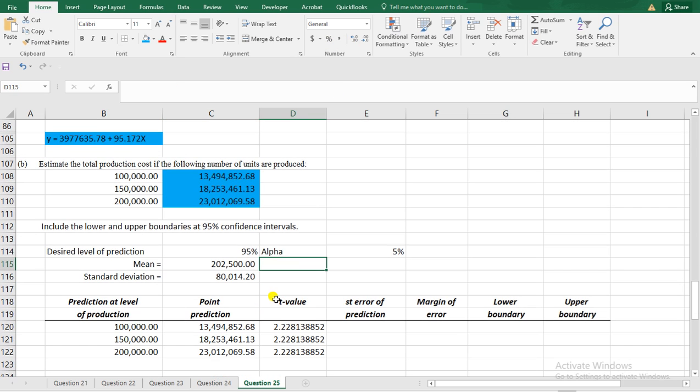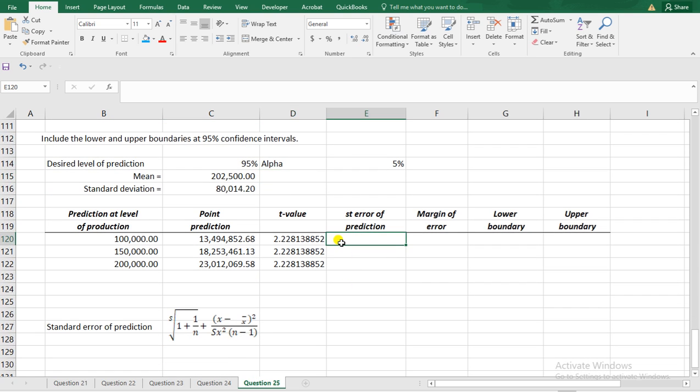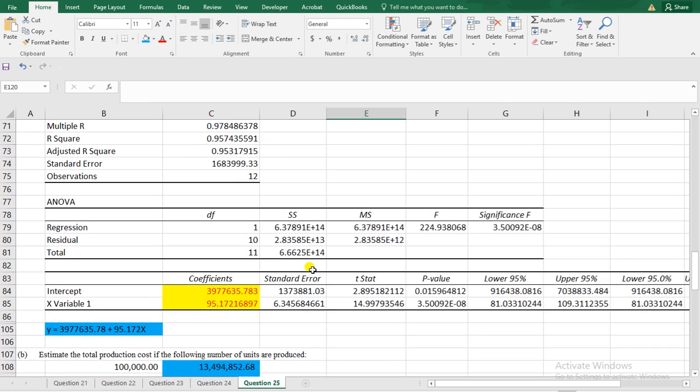So once we have determined our standard deviation and mean, I can now put this formula of ours here. That will be easy. How are we going to work it out? Of course, that is a standard error, which we've computed here.